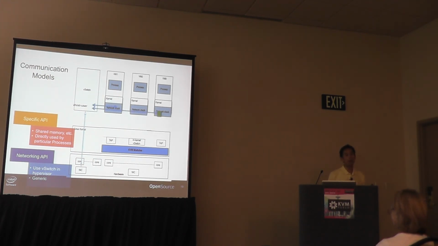So we bypass the kernel, and of course the vSwitch knows about the switching rules. This is a typical way. For example, we have OVS-DPDK with vhost-user, or Snabb Switch.